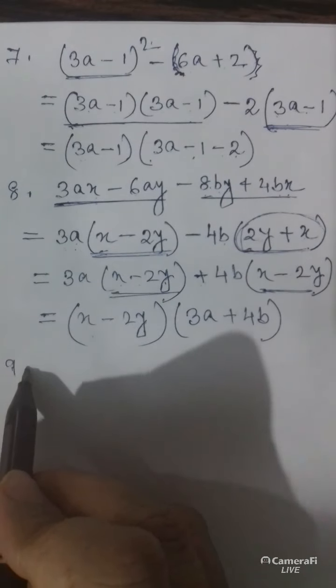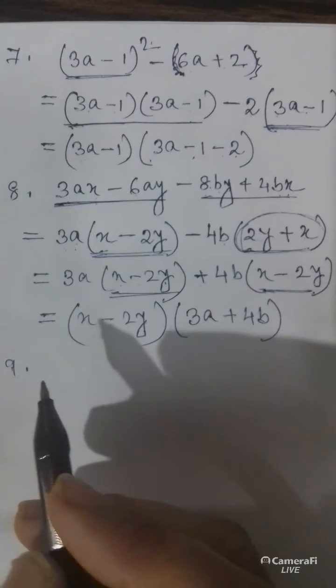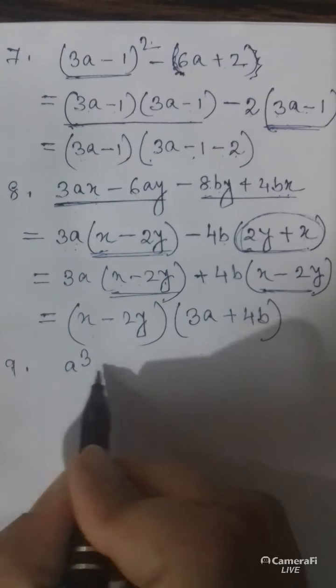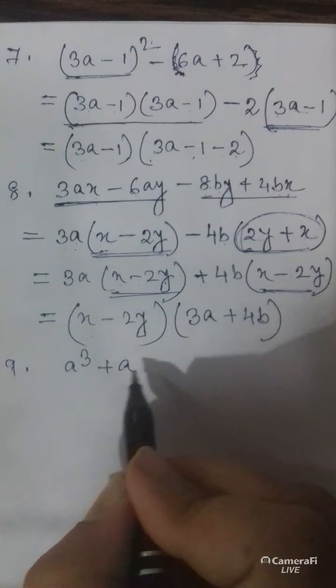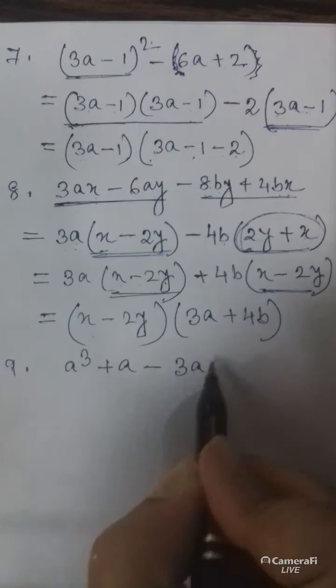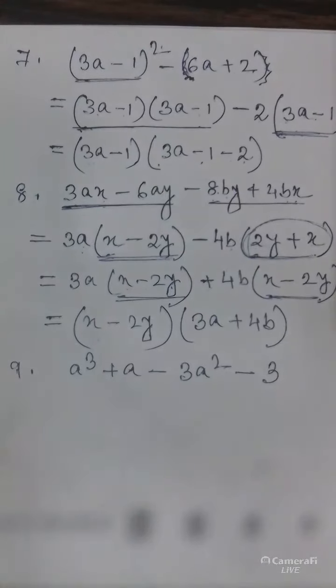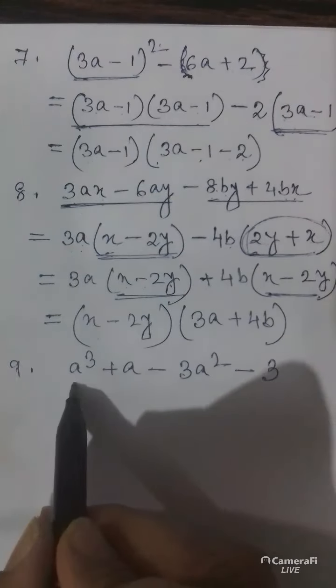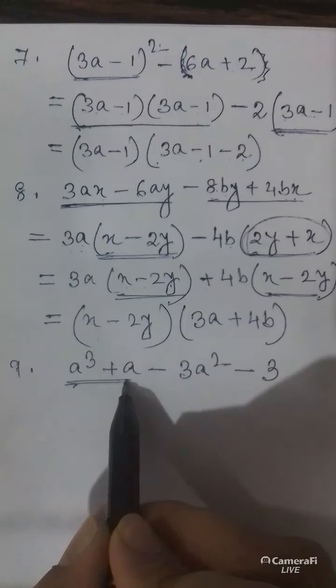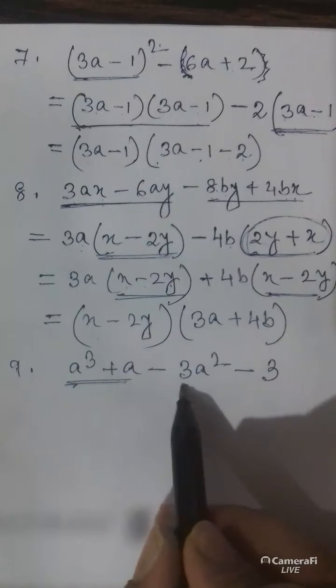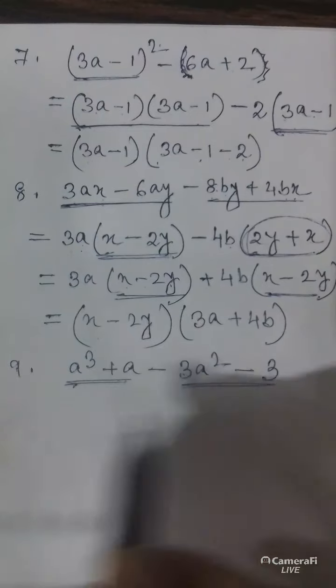Now the next math. a cube plus a minus 3a square minus 3. In this math, it is not possible to take one common factor. So we have to factorize it by grouping method. In a cube plus a, a is common, and in 3a square minus 3, 3 is common.